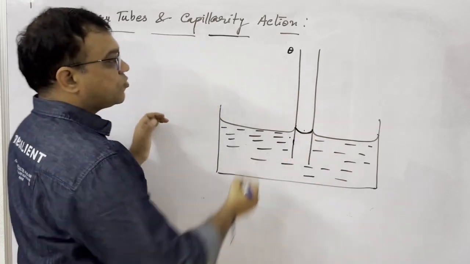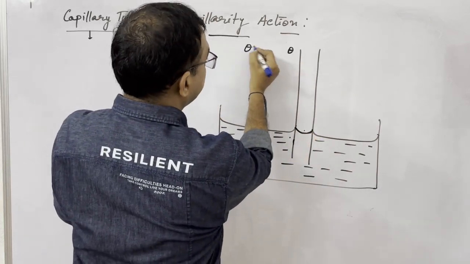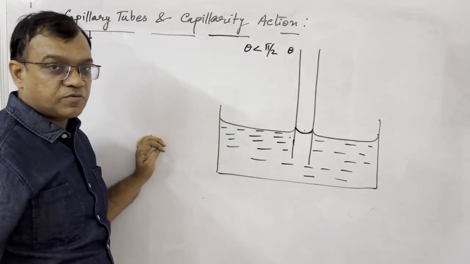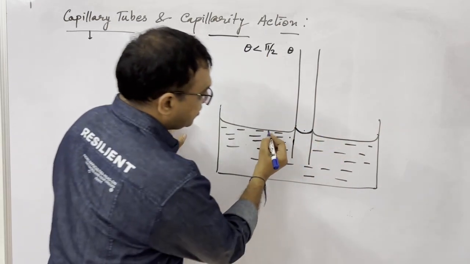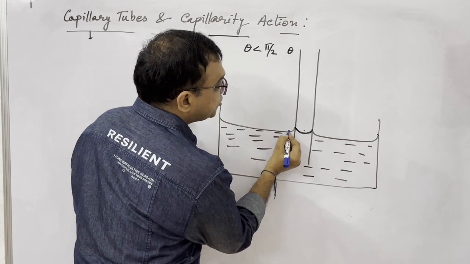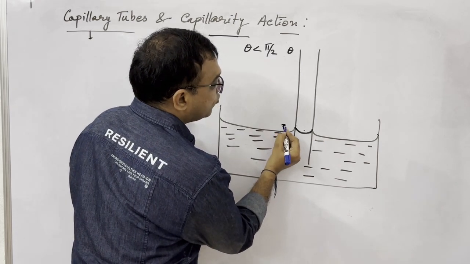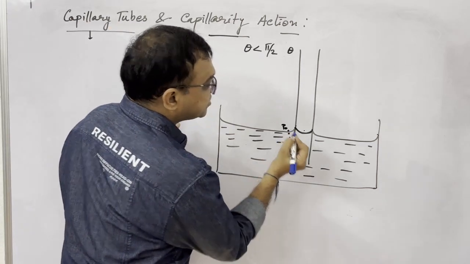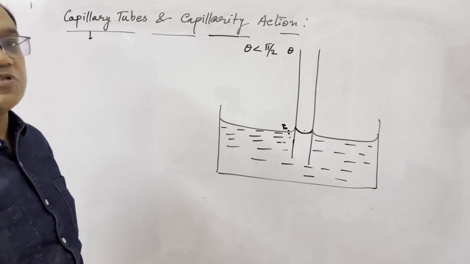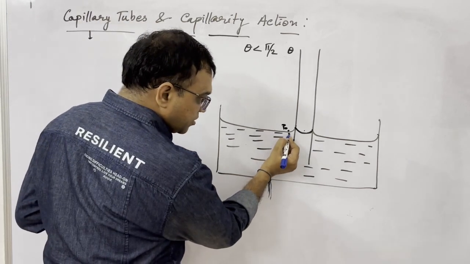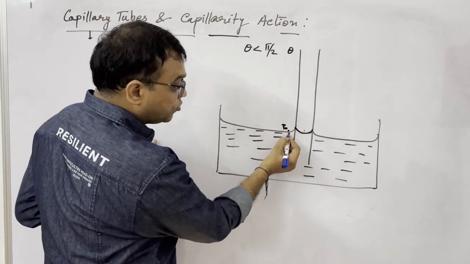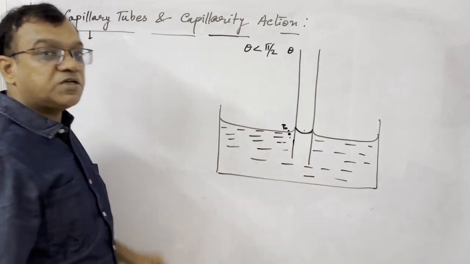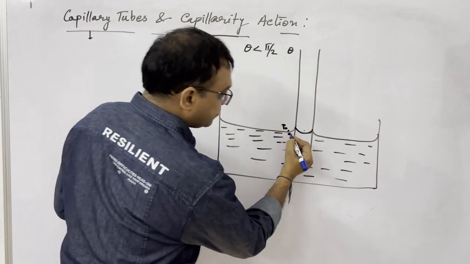Let us say the contact angle is less than 90, so the liquid meniscus is concave up. Now, here the pressure is P0, open to atmosphere. And due to the excess pressure across a curved surface, on the concave side pressure is more. So here the pressure is less than P naught.